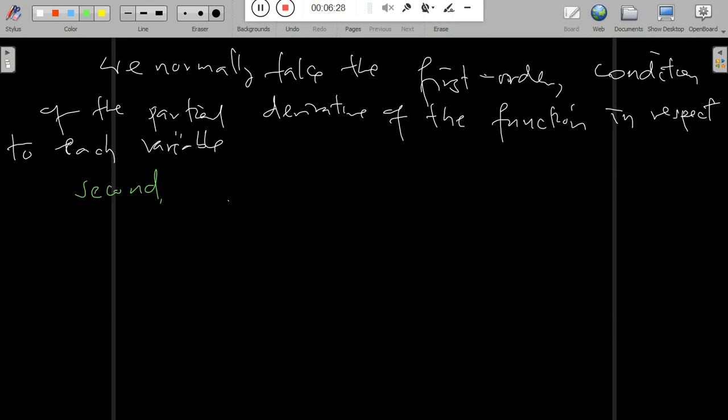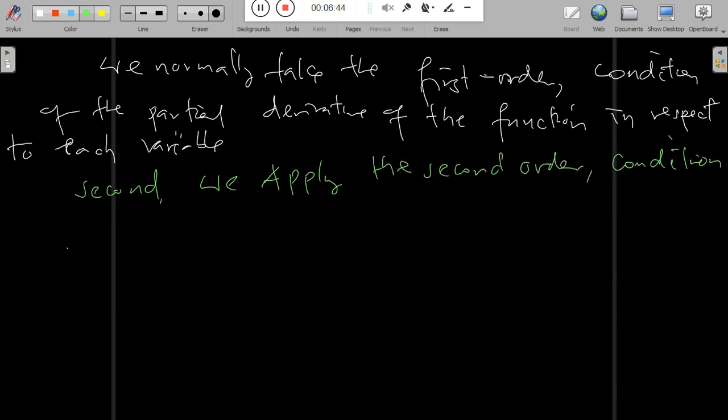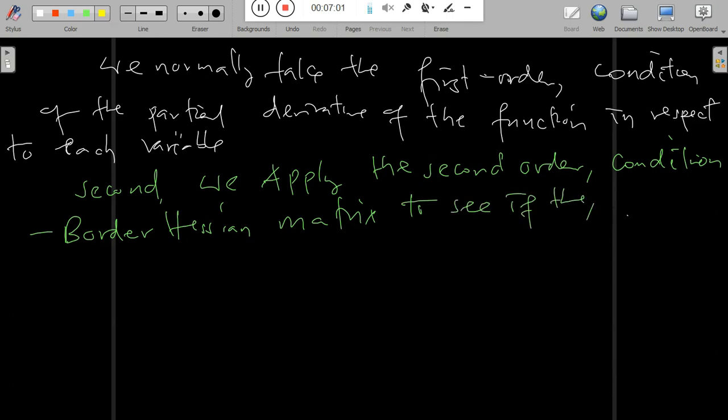Then after that we apply the second order conditions, where we develop the bordered Hessian determinant. So the Hessian matrix is very important in this step. We apply the bordered Hessian matrix now to see if the function is a minimum or maximum.